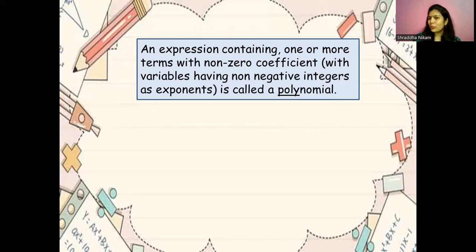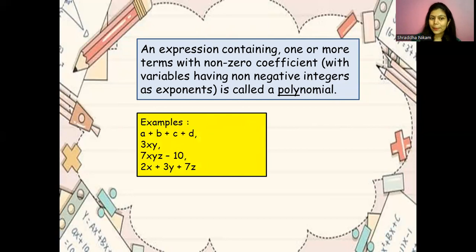It can be 1, 2, 3 and so on, but not 0. Examples: a plus b plus c plus d. 4 terms are there. In the second example, only one term is there. In the third, 2 terms are there. Fourth, 3 terms are there. So a polynomial can have one or more terms with non-zero coefficients.